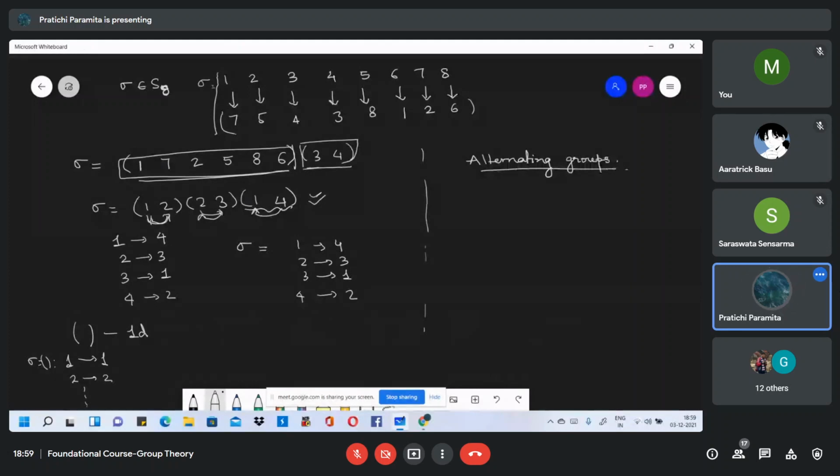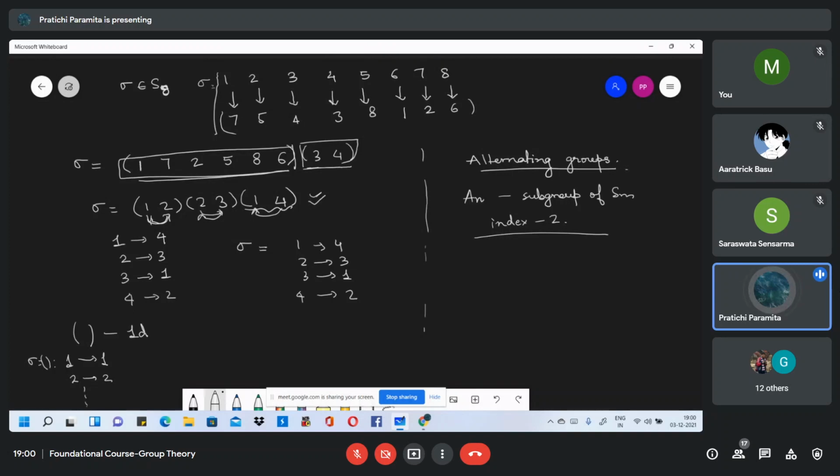Now we move on to alternating groups. If I have an alternating group An, it is a subgroup of Sn which has index 2. Exercise, maybe all of you can try: any subgroup which has index 2 is a normal subgroup.